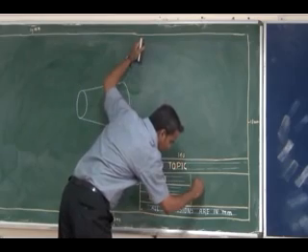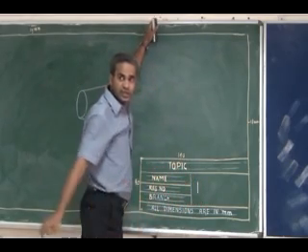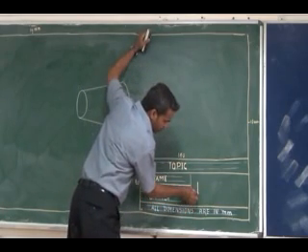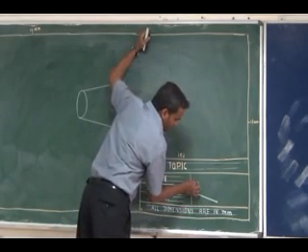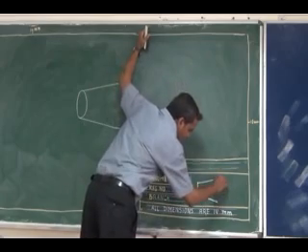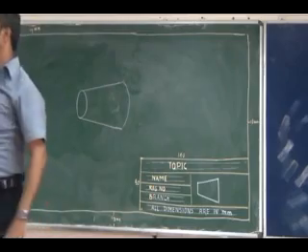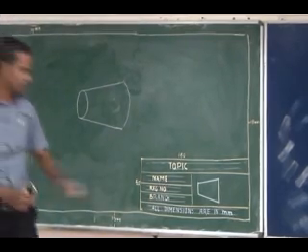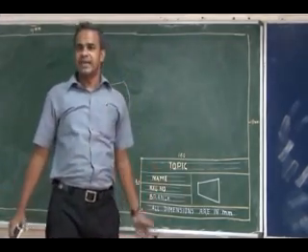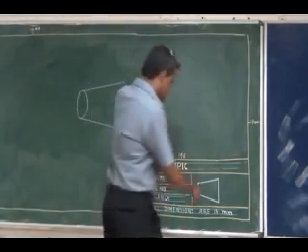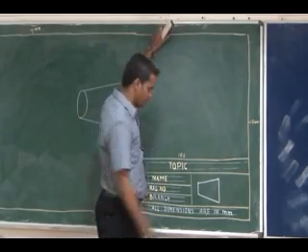That we will be drawing. The smaller size of the base will be drawn first. The bigger size you can draw for your convenience, any size. This will be the front view of this frustum of a cone, starting from the smaller base and going to the bigger base.